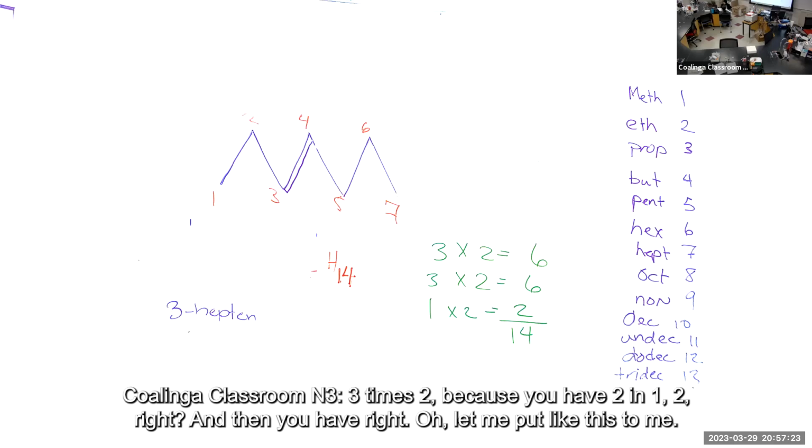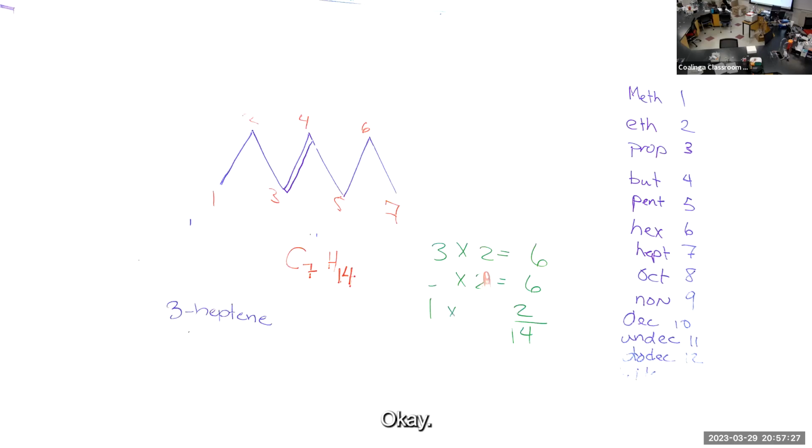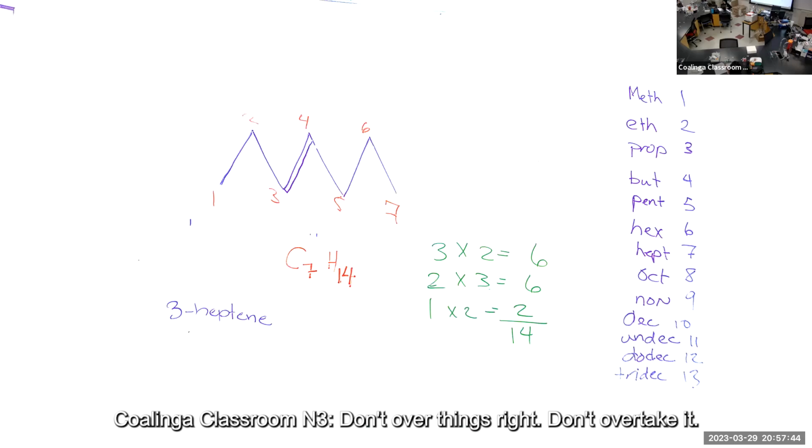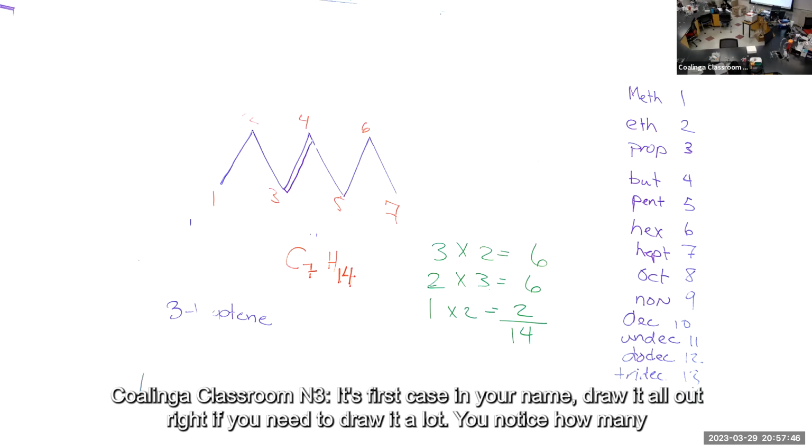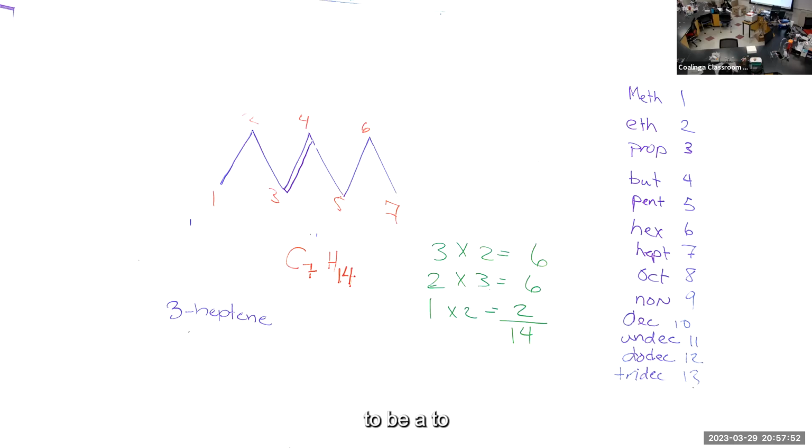Let me do it like this to make it easier: 2 times 3. Don't overthink it. Worst case scenario, draw it all out. If you need to draw it all out, you know that there's how many things can be attached to carbon?